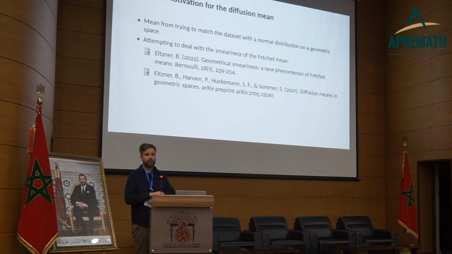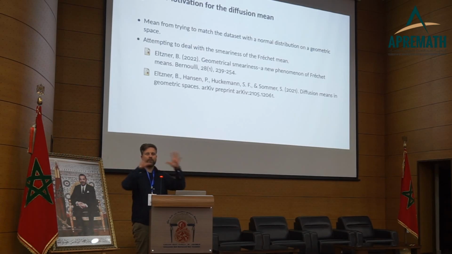So why did someone want to introduce this diffusion mean? It seems a bit complicated. But the idea is that, particularly on positively curved manifolds, what you usually want from a mean is some sort of law of large numbers.